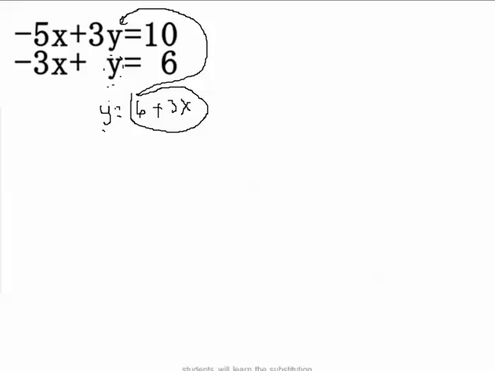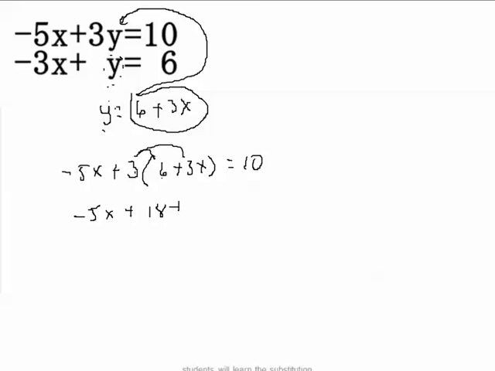Now watch this. Negative 5x plus 3 times (6 plus 3x) equals 10. Distributive property. I'm going to multiply everything here by 3. Negative 5x plus 3 times 6 is 18, plus 3 times 3x is 9x, equals 10.